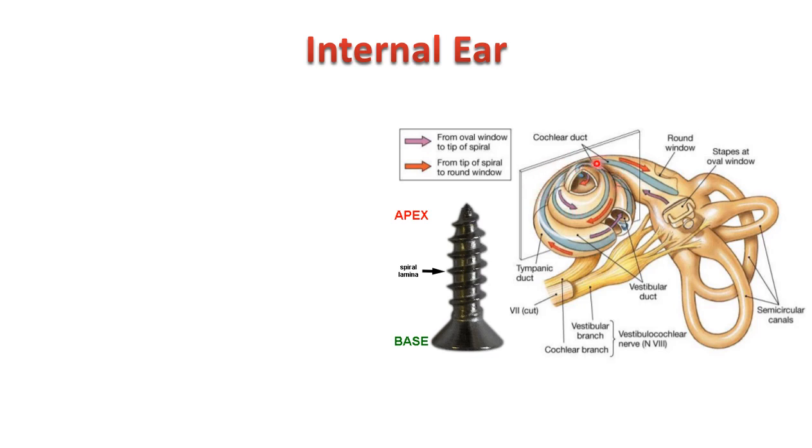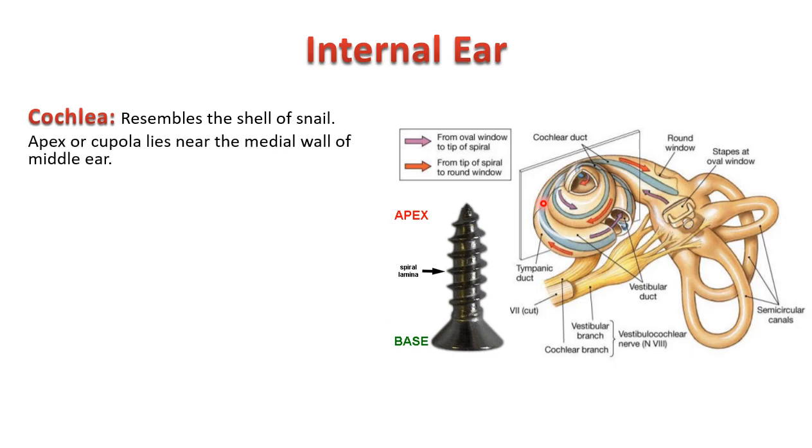It is 2 and 3/4 turns and resembles the shell of a snail, as I told you. That is the apex, and you are able to see the base. The apex is lying near the middle ear cavity, and the basal turn produces the promontory or the bulge on the medial wall of the middle ear.